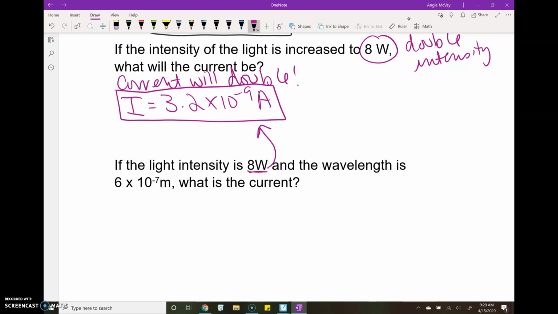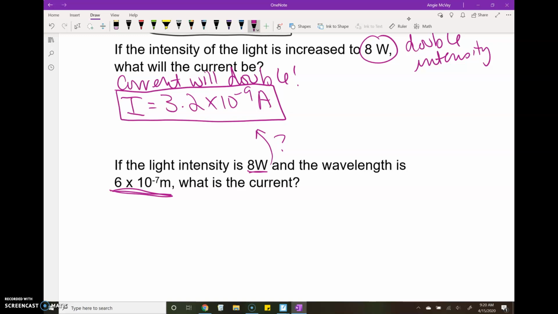Now, this one is going to be a little bit tricky, because you might say, oh, this is 8 watts, so we will use this current, but they're giving us this wavelength. We know that current increases proportionally with intensity of light, but we also know that the wavelength or the frequency tells us whether current is emitted in the first place.